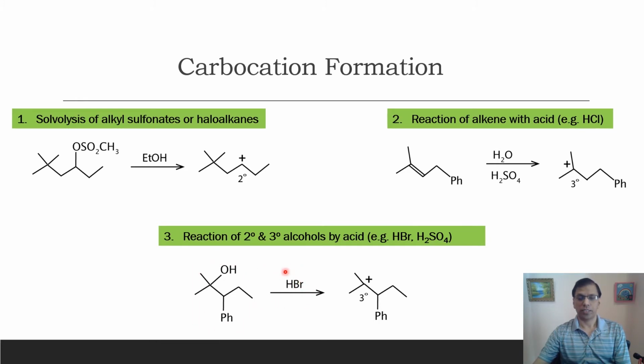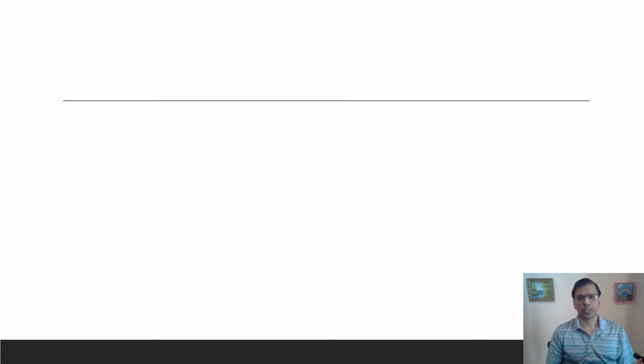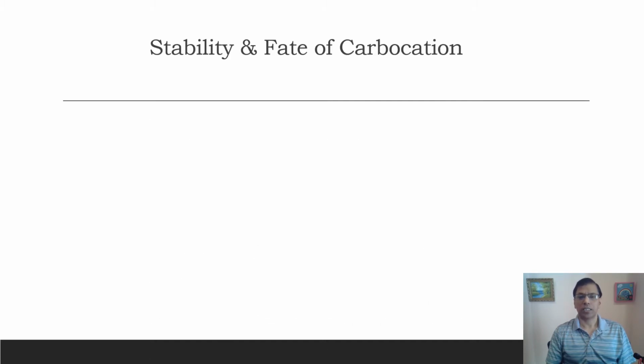When it reacts with HBr, it will lose a molecule of water to generate the tertiary carbocation. So once the carbocations are generated, let's understand the stability of the different carbocations that can be generated and what happens once the carbocations are generated.